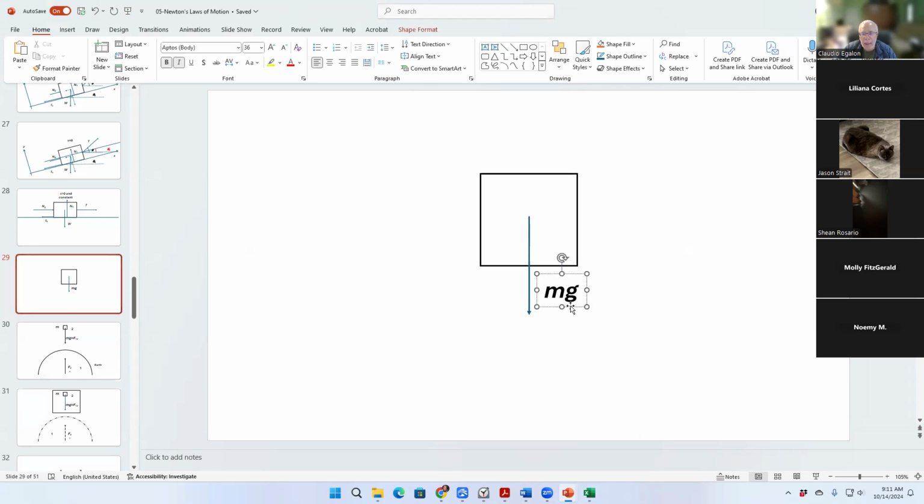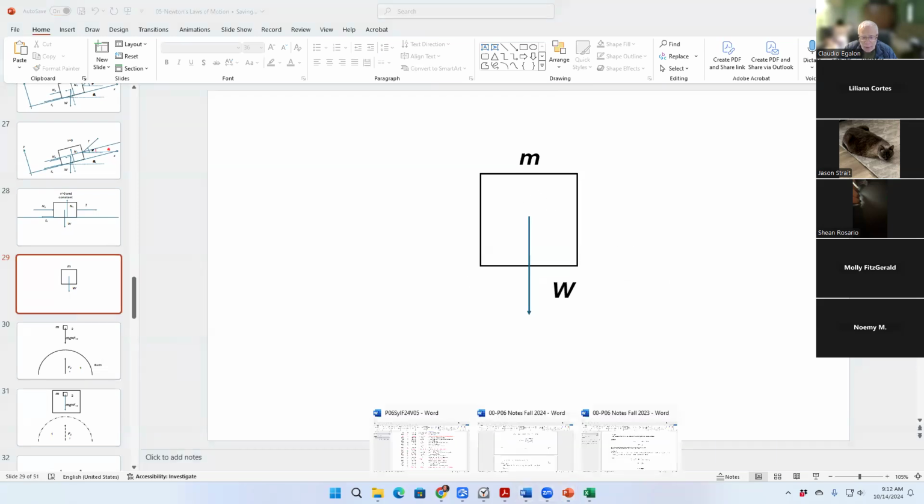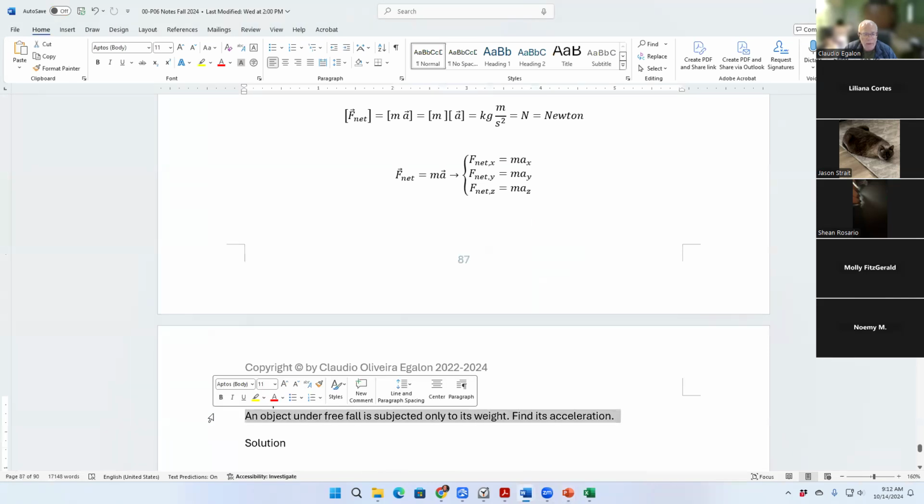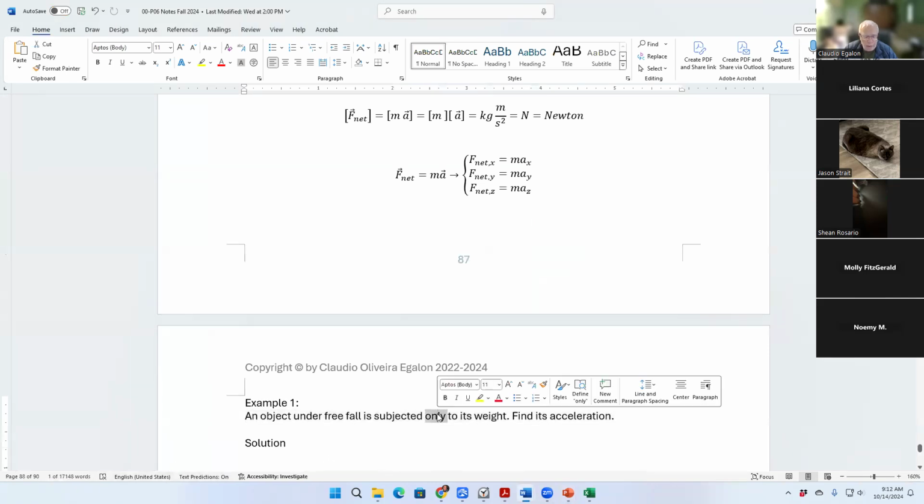The mass of this object is m. Put it right in here. Okay, and I'm not going to put m, I'm going to put weight only, because the problem told you that we have a single force only, right? Under free fall it is subjected only to its weight.